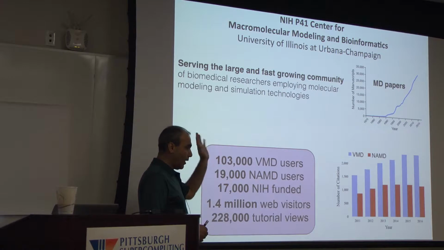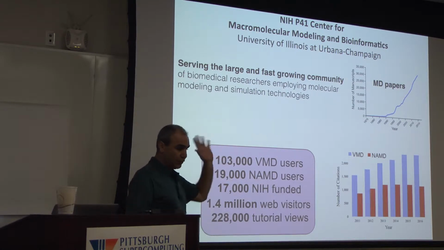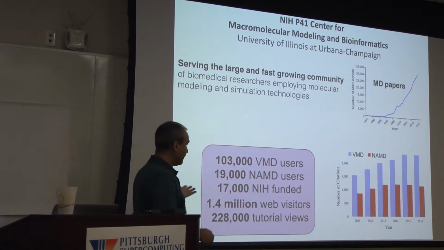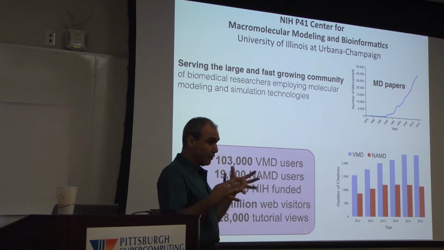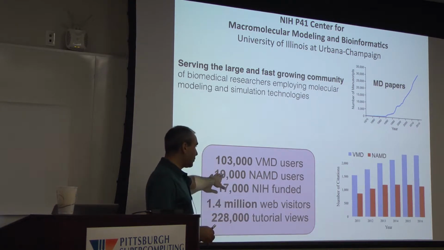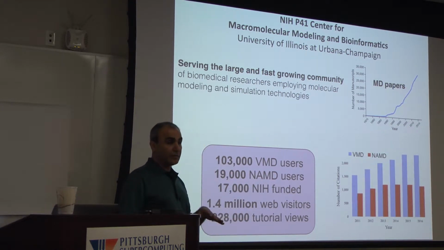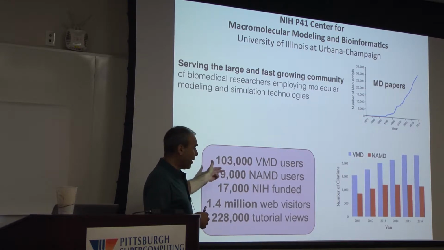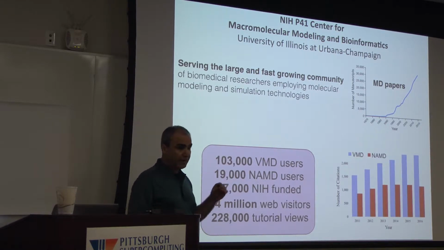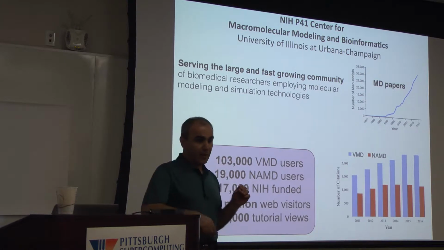If you play with the way you define this, we're going to have more than 250,000 users for this program. NAMD, again by a very conservative measure, has 20,000 users actively using it. It's the #1 program used at supercomputing centers, taking most cycles out of the supercomputers, meaning that it's very popular and highly used. And the main advantage of NAMD is its scaling.